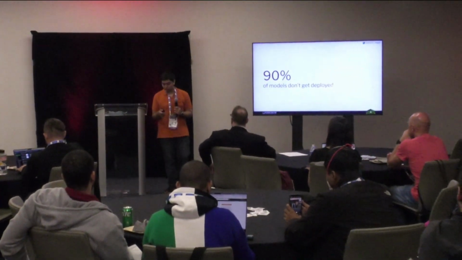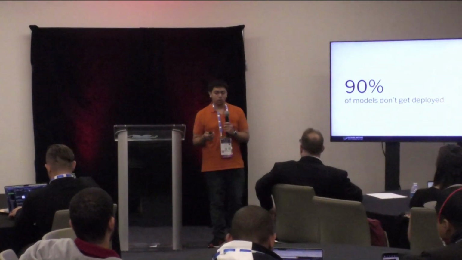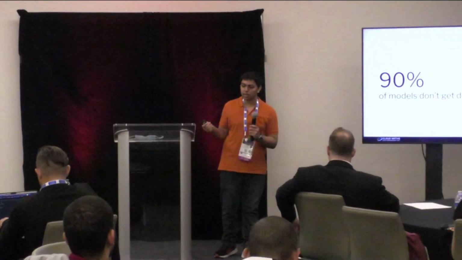You work on a lot of models and probably some of them turn out right, or just a lot of iteration, experimentation in the initial phases. But a lot of it is due to improper data management or not proper serving techniques for your machine learning models. So that's what I want to talk about today.